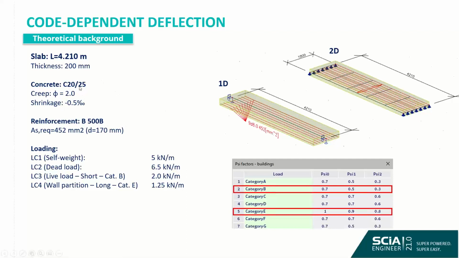There are some assumptions about material and about the reinforcement, and mainly we assume 4 load cases: 2 permanent load cases for self-weight and dead load, and 2 variable load cases, one short-term from category B and another one representing, for instance, a wall partition, which is a long-term effect assumed in category E. So from these categories, load groups, the psi factors are then derived.